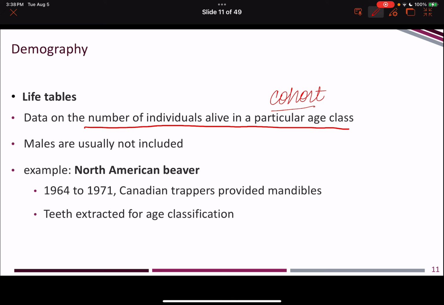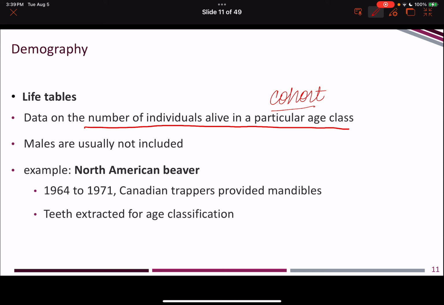So, for example, we might look at the life table for the North American beaver. Between 1964 and 1971, Canadian trappers were asked to provide mandibles, which is the lower jaw, of any animals that they trapped, and turn them into wildlife managers.